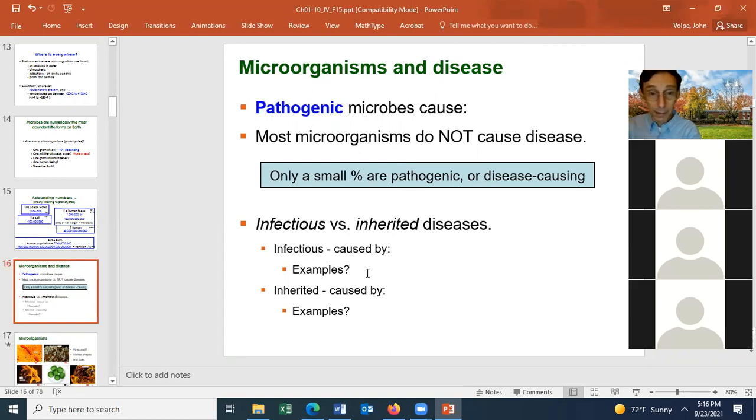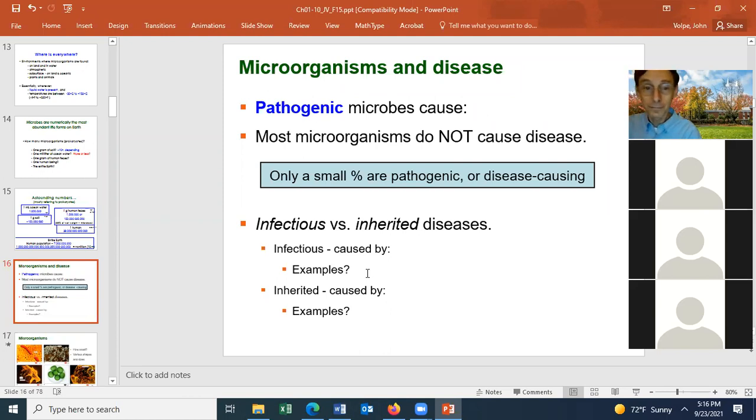What's an example of an infectious disease? Come on, somebody's got to know an infectious disease. They're all around us. AIDS. AIDS is an infectious disease. HIV is the infectious agent.